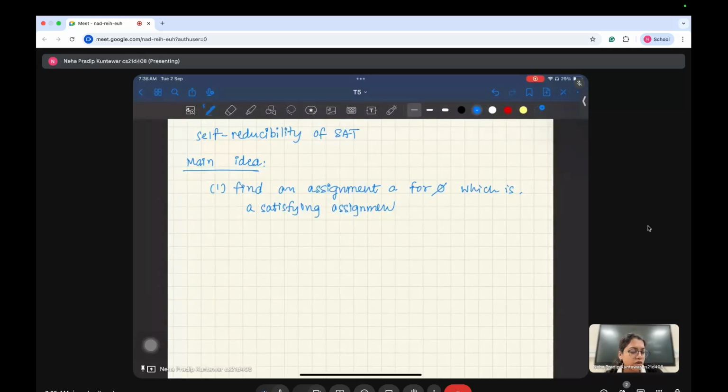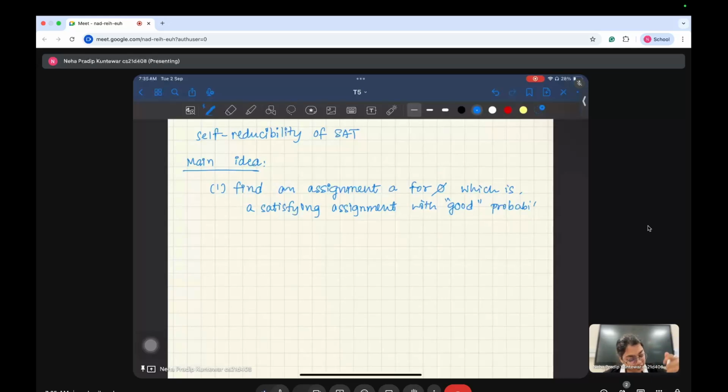Okay, so how is that different from what we were doing earlier? Instead of saying that okay, there is a satisfying assignment with a good enough probability, I'm going to find that. So this is the key part. So we're going to find it explicitly. Okay, and we're not saying that this is actually going to satisfy the formula phi. All we're saying is that with a good enough probability, it's going to satisfy the formula phi.